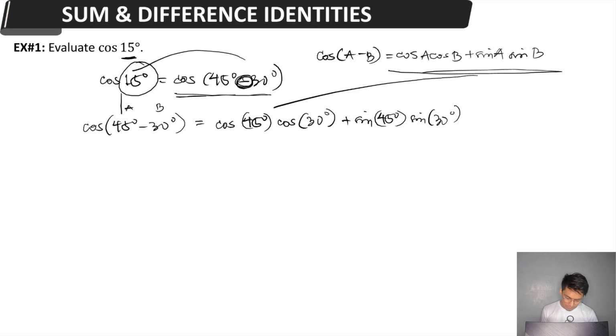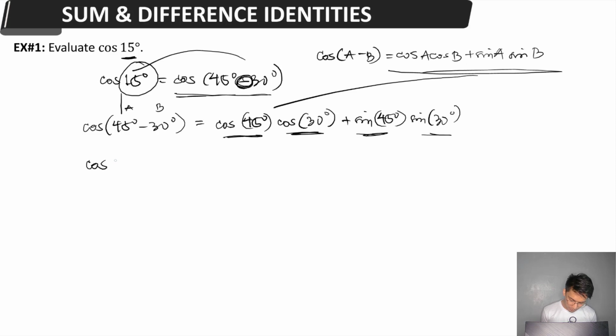So, ayan. And then we simplify from the table na ibinigay sa ating previous lessons. Meron na tayong exact values dito. So, i-substitute na lang natin. Yung known values natin, ilalagay na lang natin.